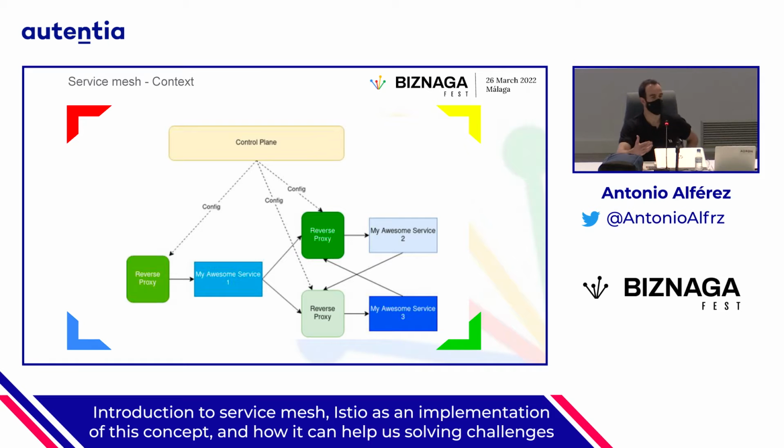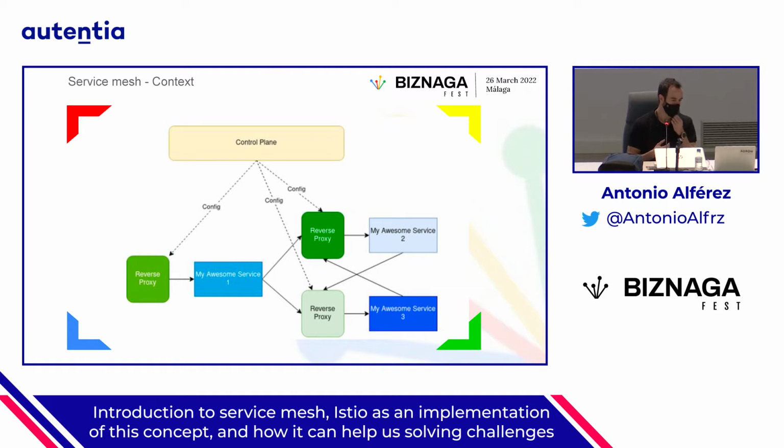So let's do that. Let's place some logic, some brain, some code that handles all those proxies on behalf of us. Let's give some configuration and let's rely on that control plane to control our proxies.